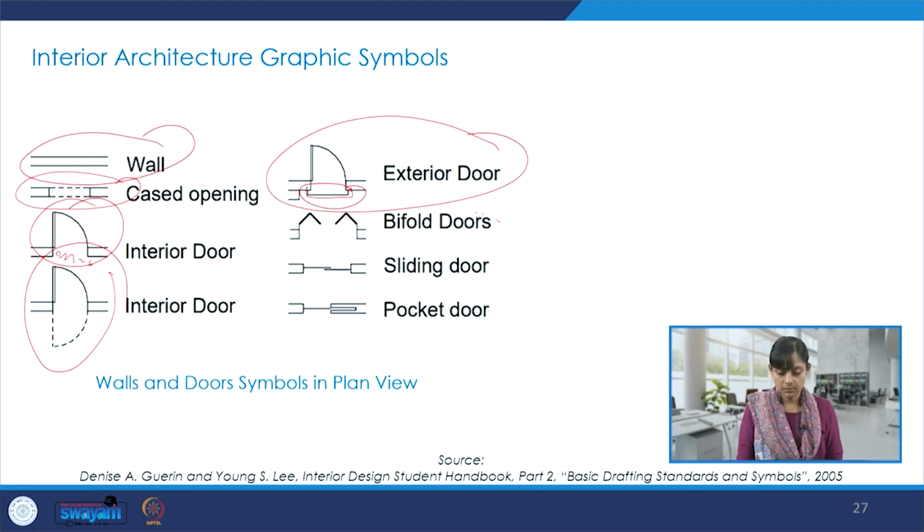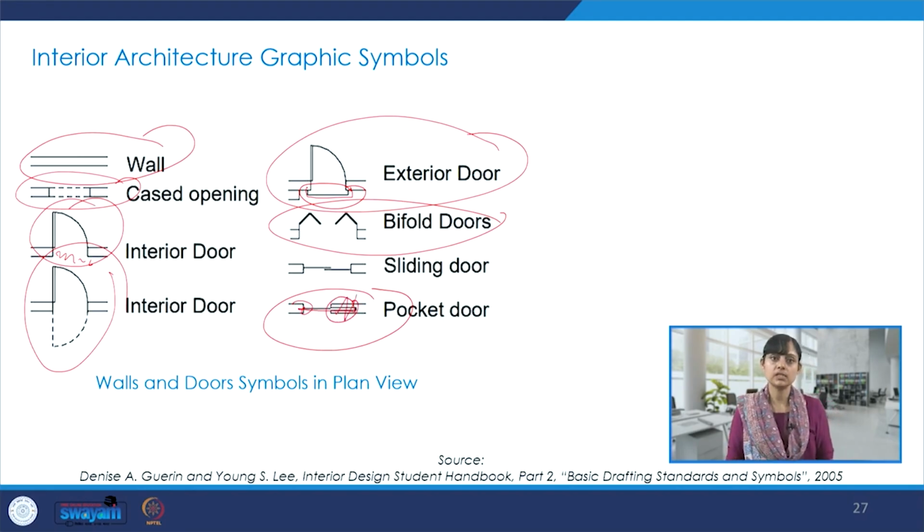There could be a bifold door, a sliding door, or a pocket door where this thing goes inside this and fits over here. So we have all these symbols, and it is a very precise and concise way of showcasing certain building elements, material typologies, movement patterns, and direction connotations. All of this can be done using these graphic symbols.